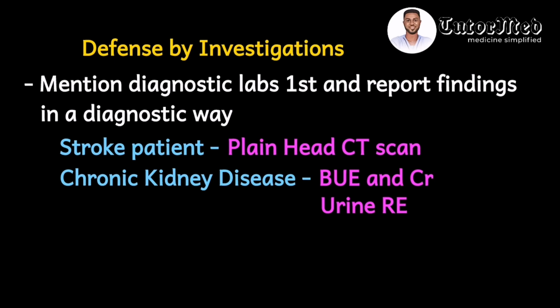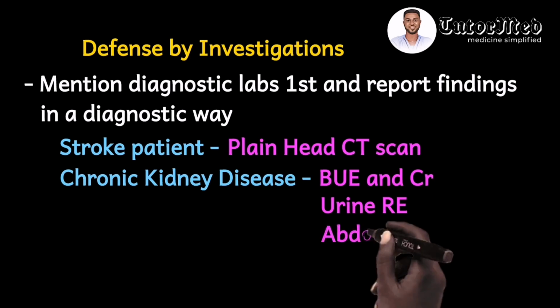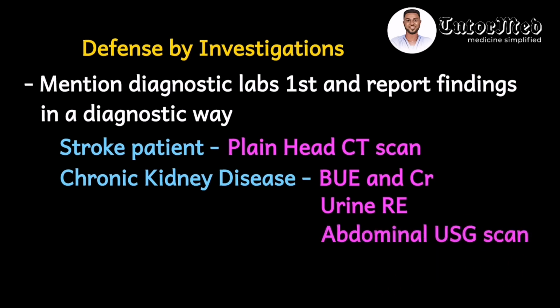And then, another investigation that is worth mentioning is an abdominal ultrasound scan. What are you looking for? You are looking for sonographic evidence of CKD, like a reduced kidney size, an echogenic kidney, etc., before you mention other investigations like full blood count.